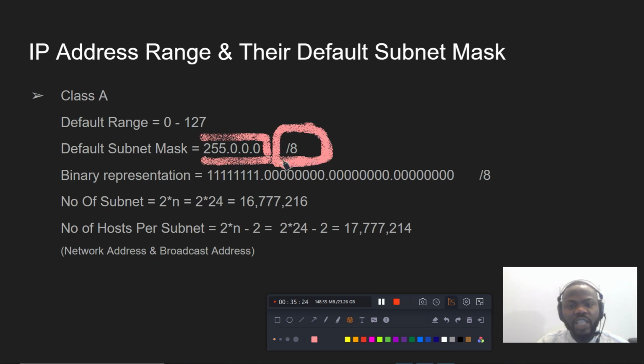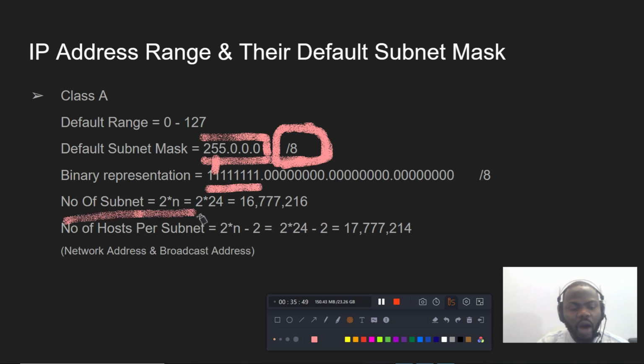Once you are given /8 or slash notation, it means they're saying to you the first 8 bits are ones. 255 means also that the first 8 bits are ones, because if you add 128, 64, 32, 16, 8, 4, 2, 1, you are going to still get 255.